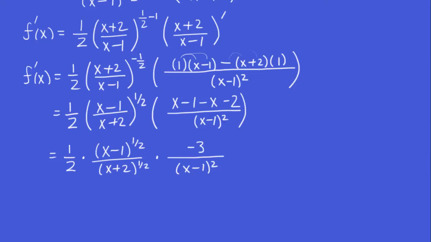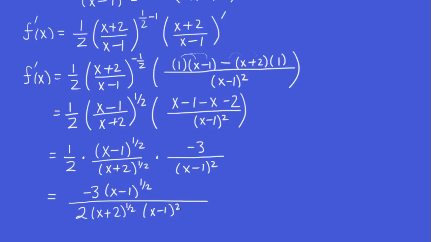Now, the reason I separated those powers is because here we have a power of x minus 1, and here we have a power of x minus 1. We can combine those. Maybe I'll just go slow a little bit. Let's write this as a single fraction, okay? Negative 3 times (x minus 1) to the half is what goes on top. And on bottom, I have 2 times (x plus 2) to the half over (x minus 1) squared.